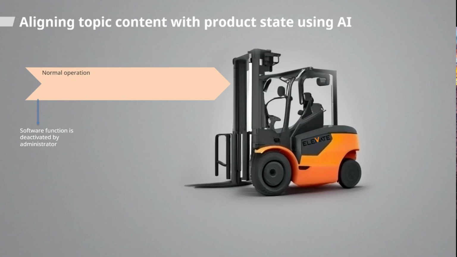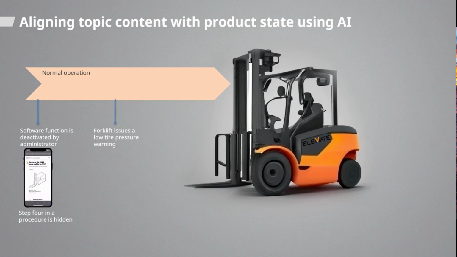That has a consequence and an impact on the content within the topic. So if a software function is deactivated, maybe we need to hide a specific step in the instruction. We can use this way of filtering also within topic content, so that the content is always aligned to the actual state of the product.